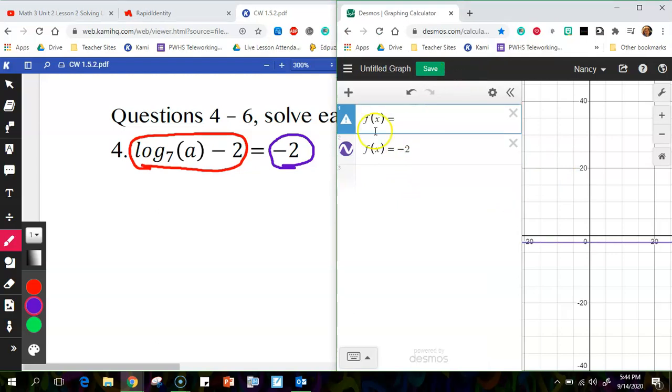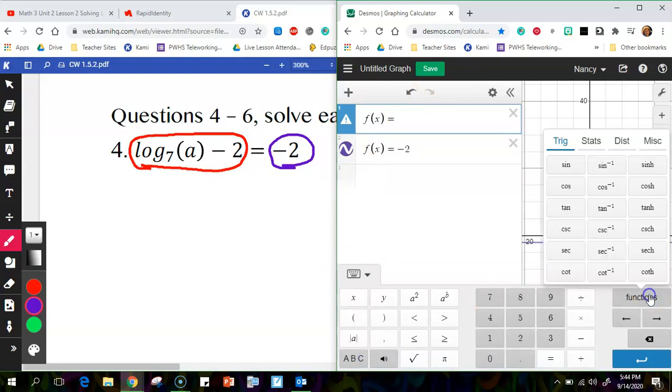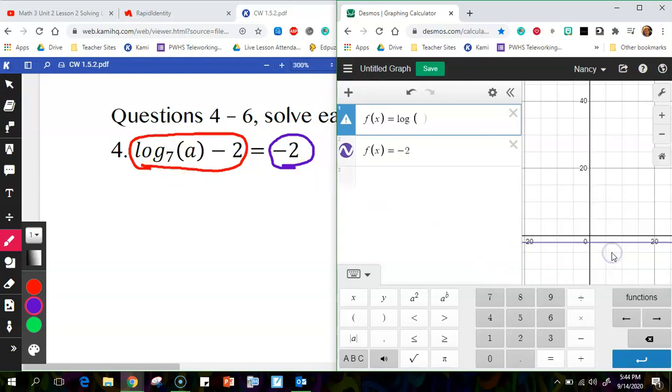what you need to do is go down to the keyboard, go to Functions, Miscellaneous. And if it's log base 10, you can just hit this log right here. If it's log base something else, and you see it's log base 7, so I need to hit this one where it's got the A under there, or the subscript. Okay, and then put a 7 right there.